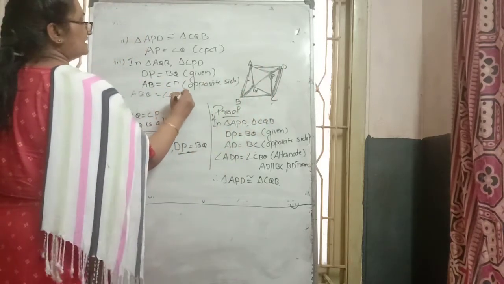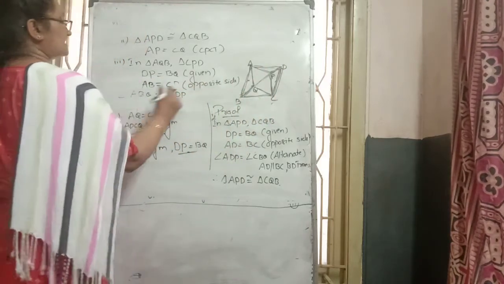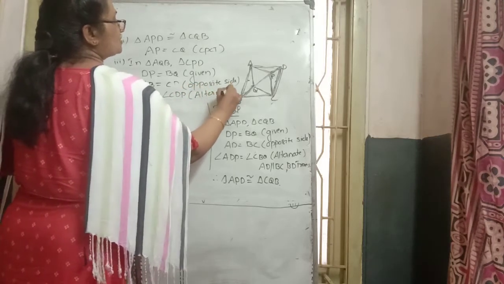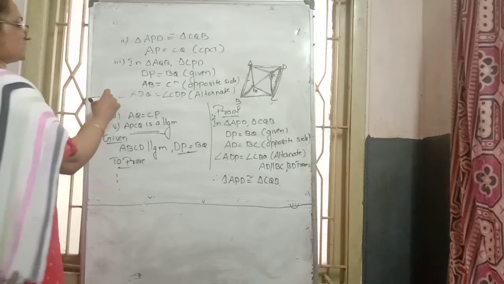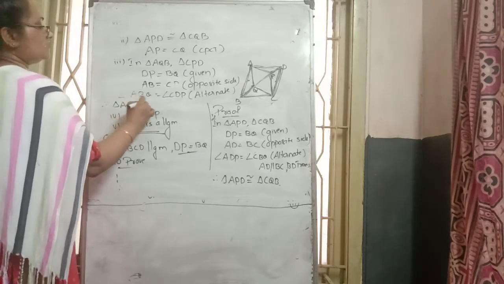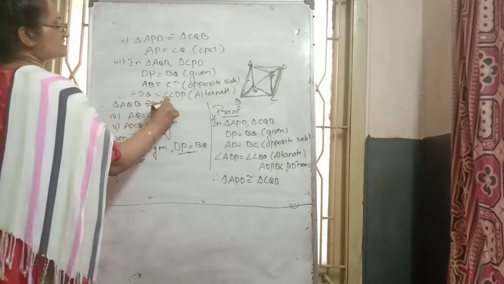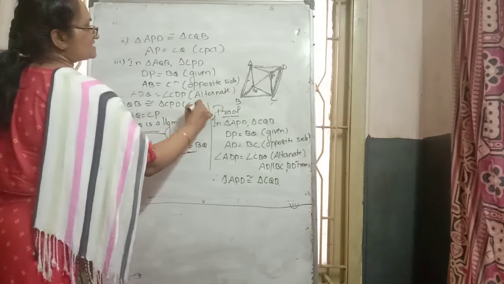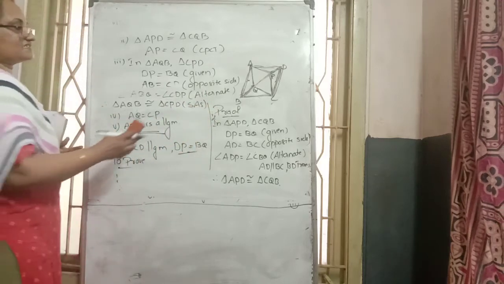What is the reason? They are alternate interior angles. So three conditions are satisfied. That's why our required triangle AQB is congruent to triangle CPD by which property? Two sides and one angle, the SAS property.